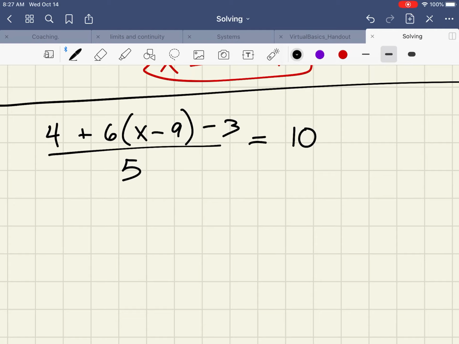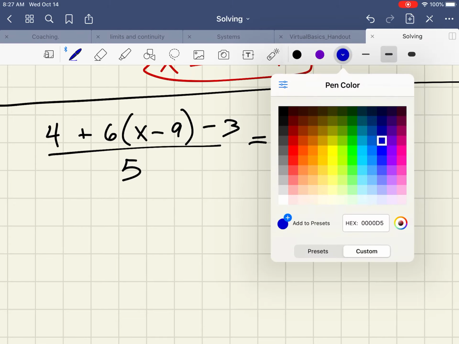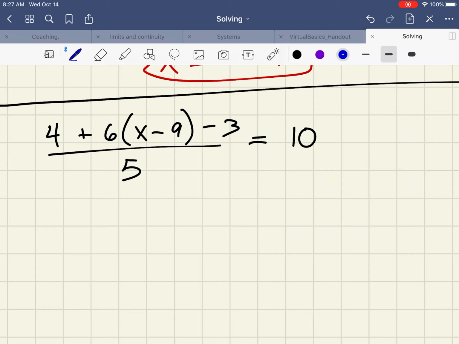So this problem, we're just going to try to simplify it as best we can. So the first thing I would do here is I would distribute the 6. So the numerator is going to look like this. 4 drops down, 6 times x, and 6 times a negative 9.